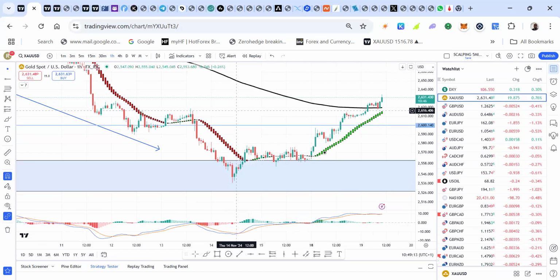Now, if you go back to your studies, you will see that where we have all of these short movements, they are actually the Asian session. All this happens during the Asian session. I don't know if you get the point I'm trying to make.